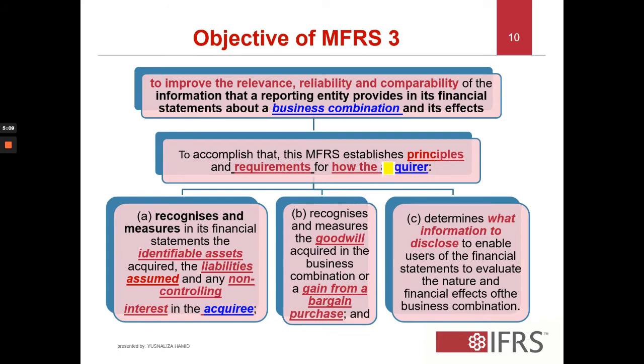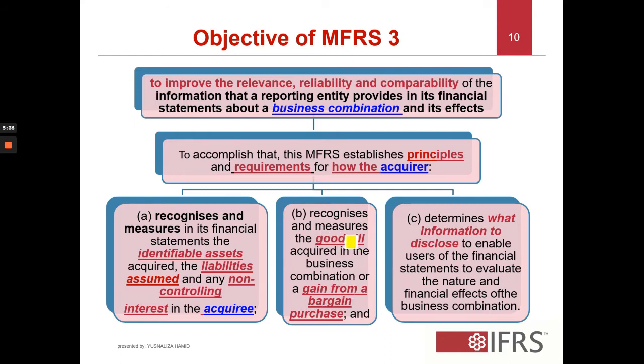Remember, the acquirer, the blue one here, is the one acquiring control in the acquiree. Because of that, there is a business combination. In my previous slide, I discussed two forms of business combination, and our discussion here focuses on the case where you acquire control. So recognise and measure the goodwill in the business combination.